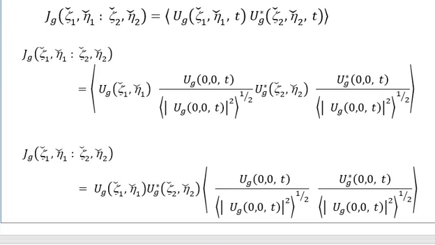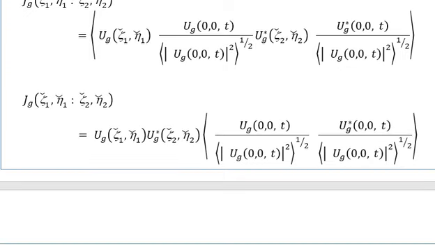As in the second case, we can write on the right hand side of the equality ug, that is the spatial part of ug at coordinates zeta 1 and eta 1, multiplied by the complex conjugate of the spatial part of the phasor at the point zeta 2 and eta 2. And you know that the time averaging brackets are on the 2 quantities contained within these averaging brackets, and the time averaging is with respect to time.